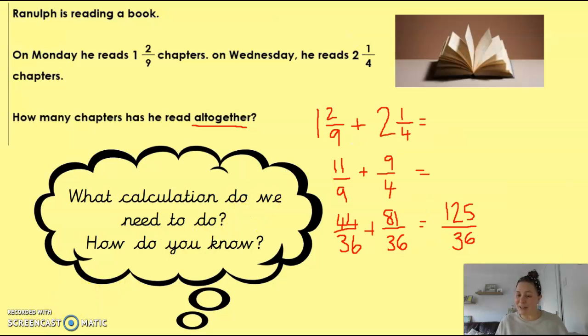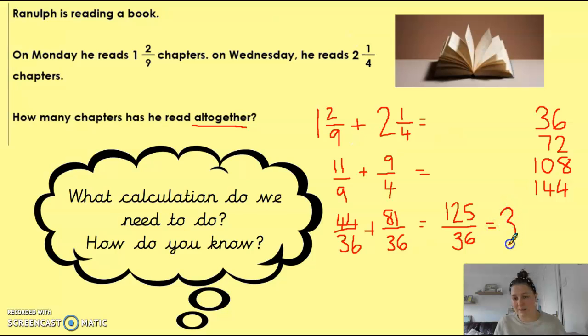And I need to get my 36 times table. So now I've got my 36 times table lined up here. I can see that 125 over 36 is 1, 2, 3 wholes, and then it would leave 17 over 36 remainder.